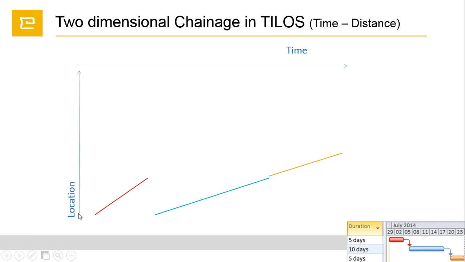This red one starts from the base level in this case, and after it finishes, based on time, the other activity starts. Here we can also easily see the slopes, which give us the productivity rates we will represent in Tilos. And all activities will be represented in time location. For the upside, our building will rise.